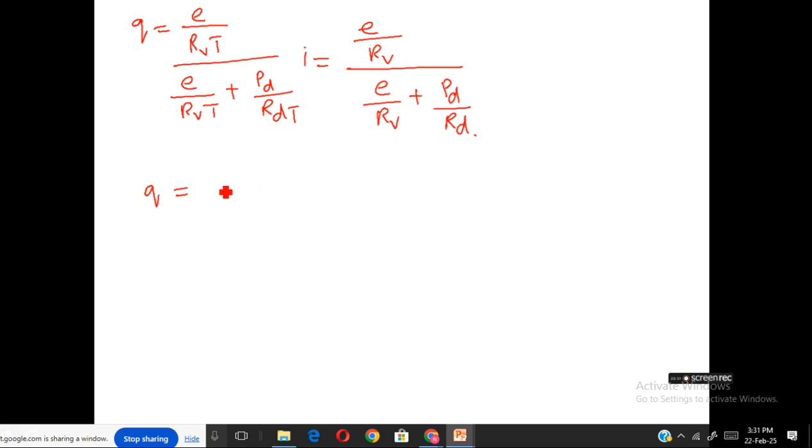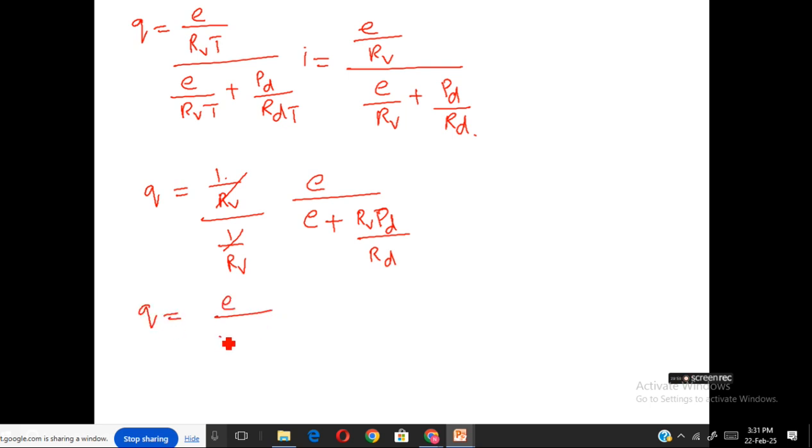Again in the denominator 1 by RV will come, so this will eventually cancel out. If we take 1 by RV out, it will become E by E plus RV PD by RD. So it will be Q is equal to E by E plus, what is RV by RD?